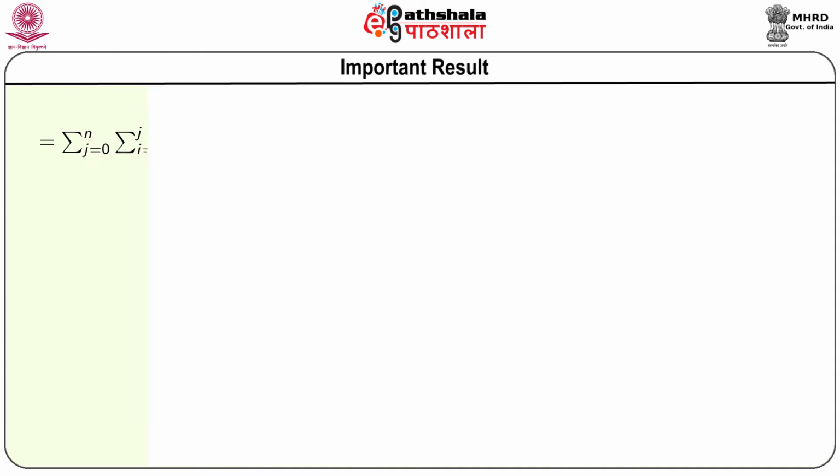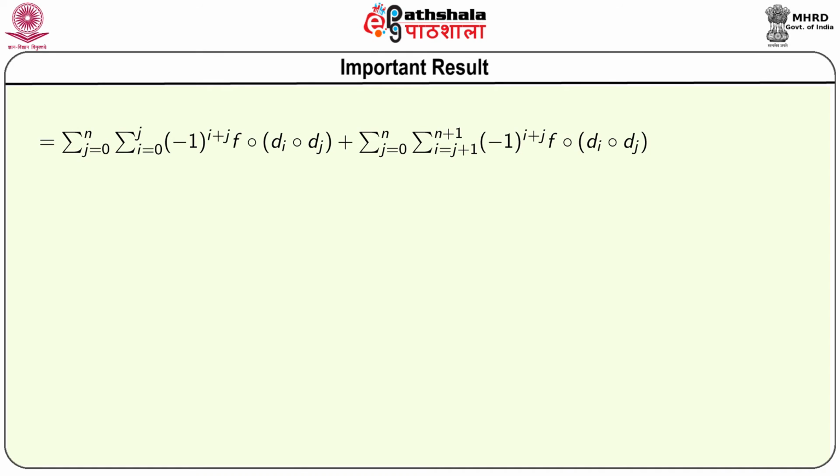But that is equal to the summation j equal to 0 to n, summation i equal to 0 to j of (−1)^(i+j) f∘di∘dj, plus the summation j equal to 0 to n, summation i equal to j+1 to n+1 of the same thing. That means we are breaking the summation into two parts. One is from i equal to 0 to j and the other one is from j+1 to n+1.